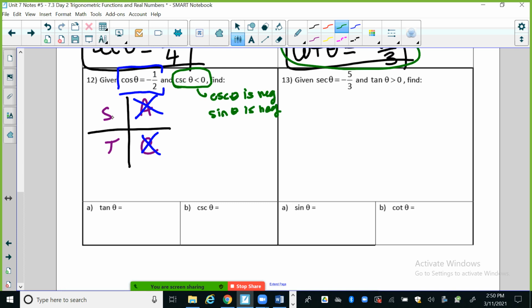So we're not in quadrant 2 because in quadrant 2, sine of theta is positive. So that means that our angle is in quadrant 3. Any questions on that?